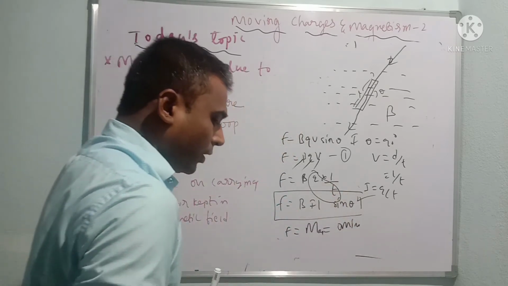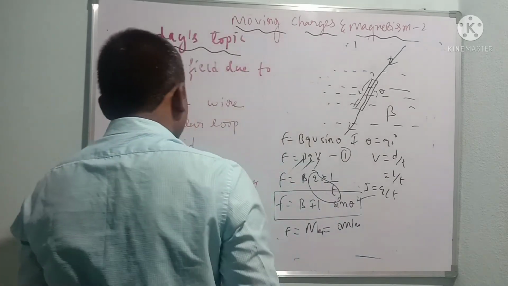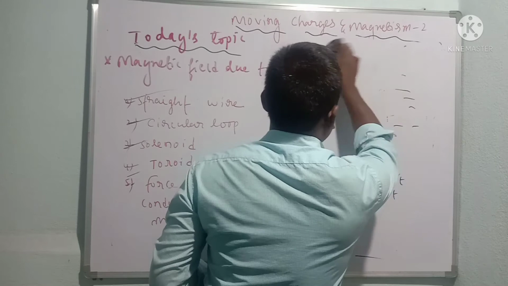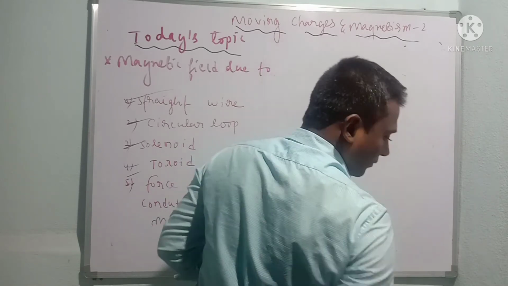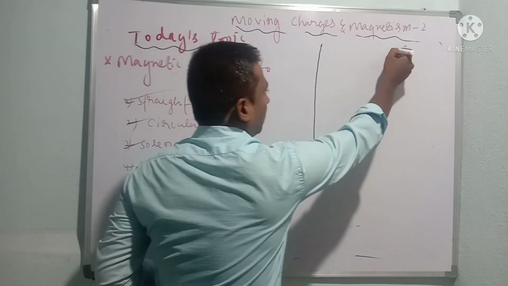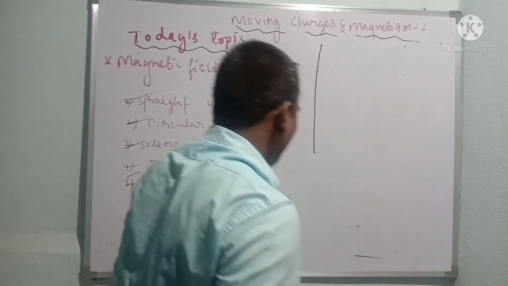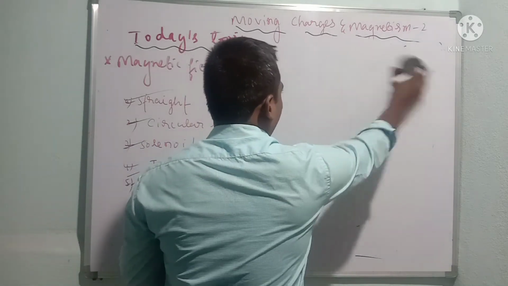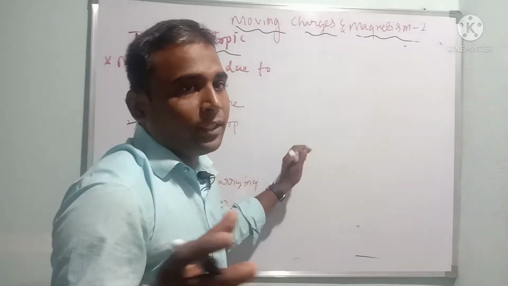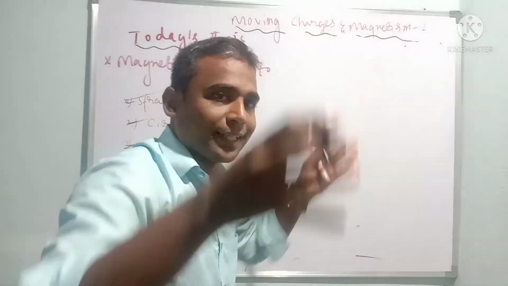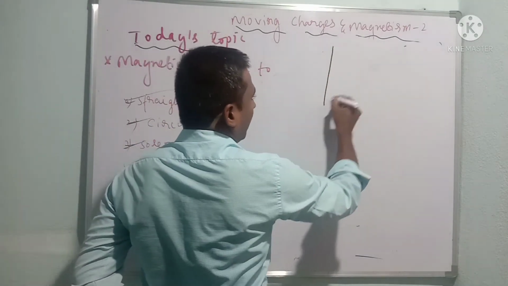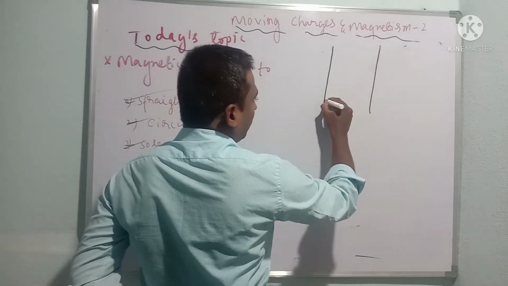Now after understanding this, we'll understand the force between two parallel current carrying conductors. We have considered one conductor; let us take two conductors which carry current. We are going to get the expression for the force between two parallel current carrying conductors. Let us assume this is wire 1 and this is wire 2, parallel to each other.